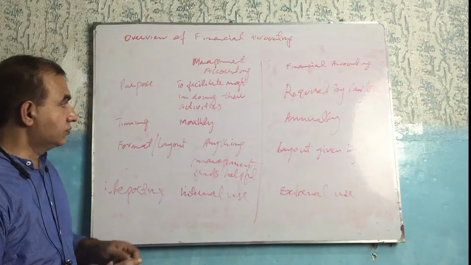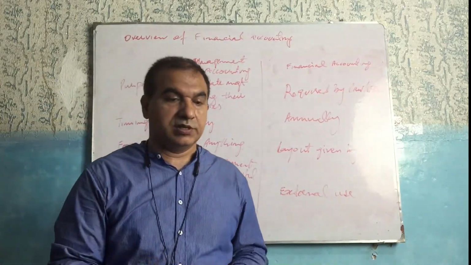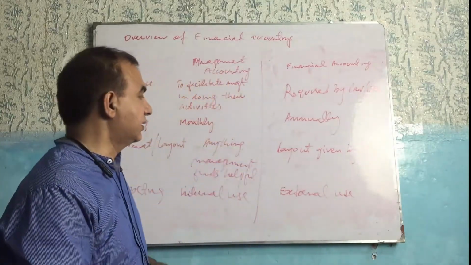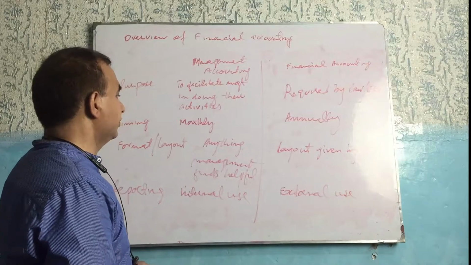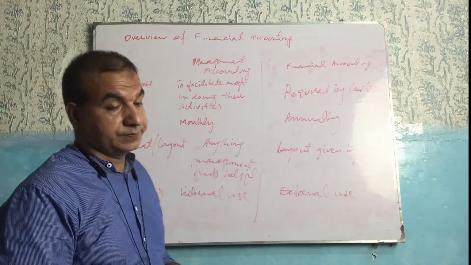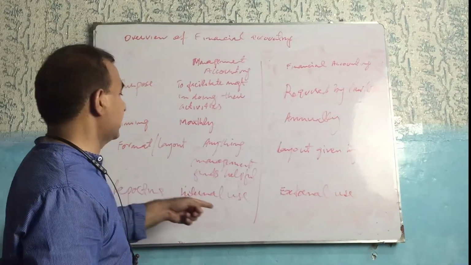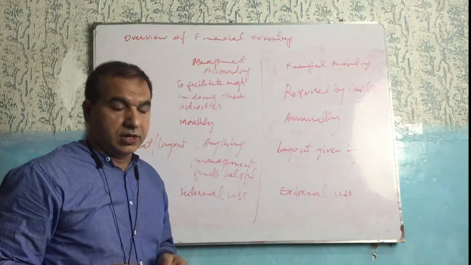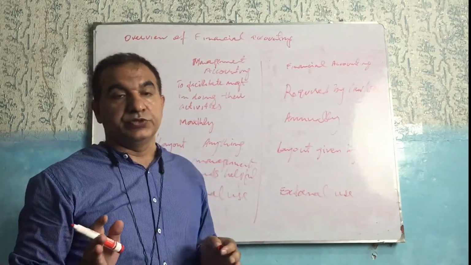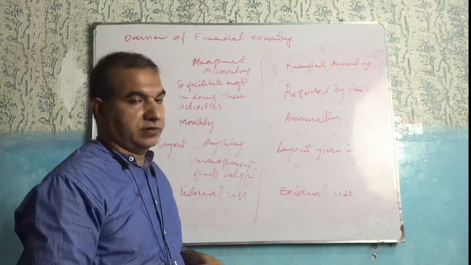Now, I'll leave it here because I don't want to exceed that time limit of 15 minutes, but I'll prepare the next video where we'll discuss users. Who are these users? External, when I say external users, because we are mainly concerned with the users of the financial report. Management reporting, leave it for the time being.